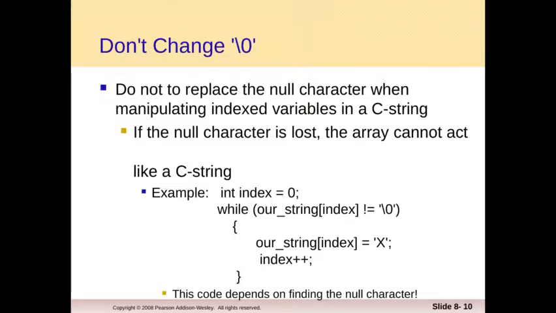Now, functions that process this, maybe in order to output it or in order to attach another string to the end of it, or whatever other purpose, will all rely on the fact that there is a \0 occurring within the declared size of this array, which is not the case anymore.